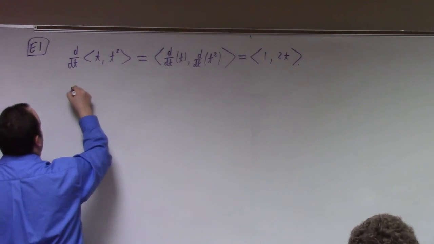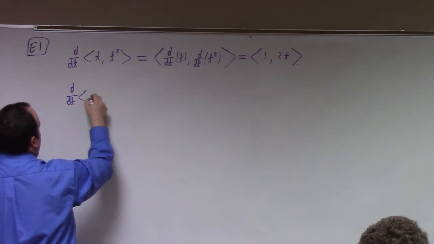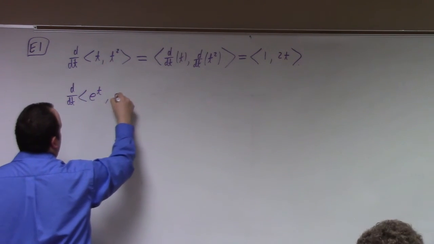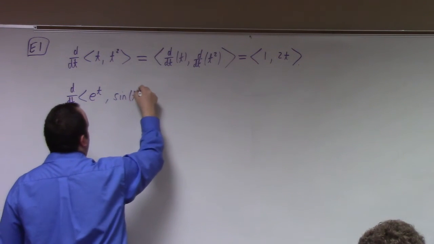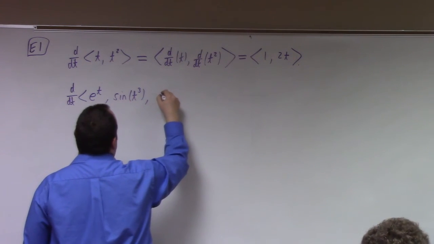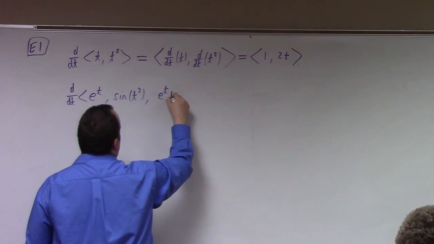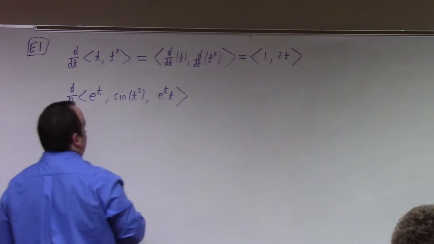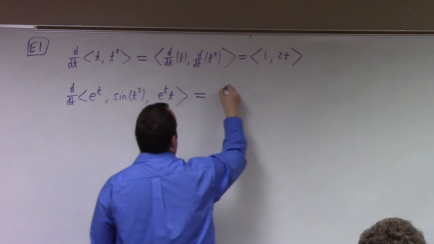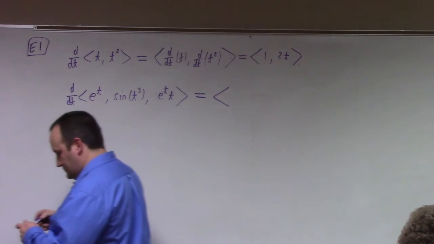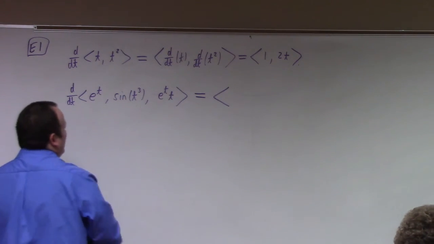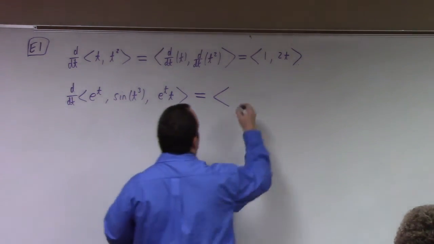Here's another one. d/dt, what if I had e to the t, sine of t cubed, e to the t times t? Well, the derivative of e to the t is e to the t.